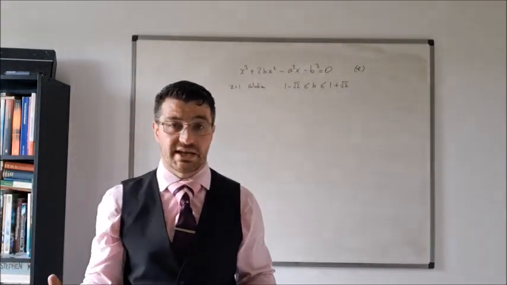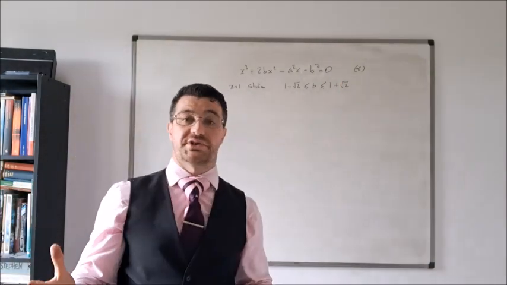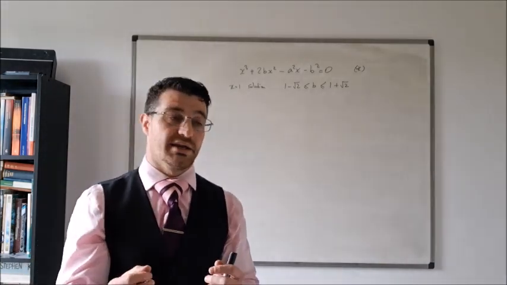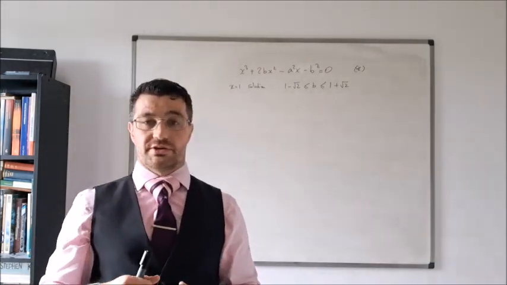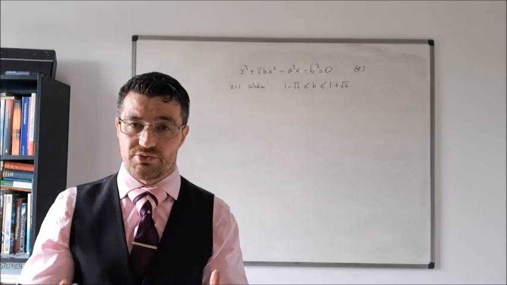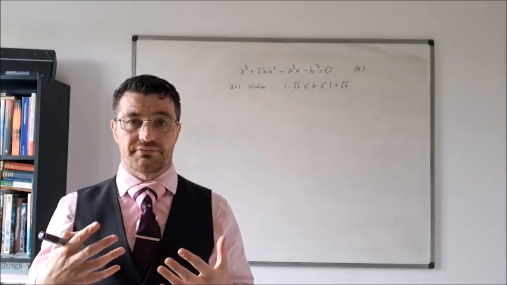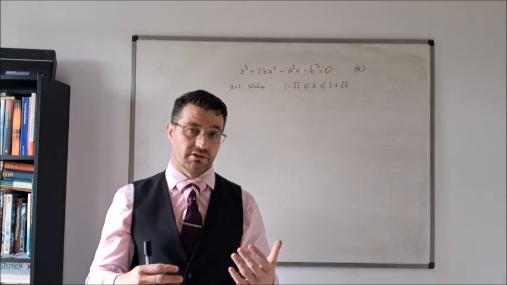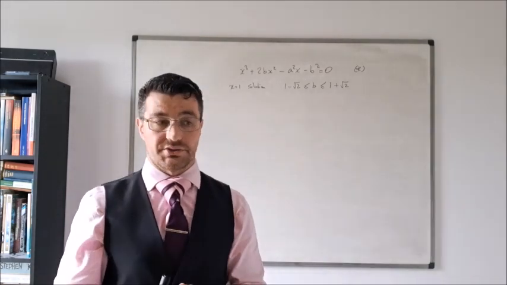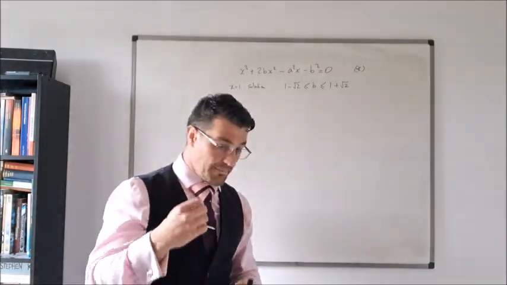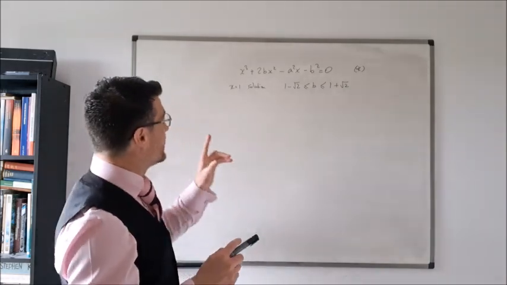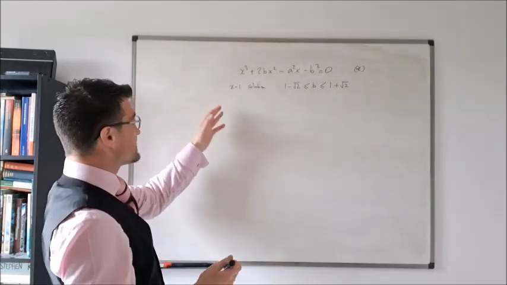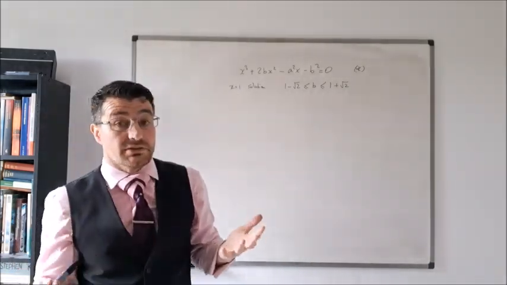Okay, so there's no indication given about how we're to go about this, and this is exactly why you've really got to make sure that you have a thorough understanding of the techniques and the concepts that you've learned about in your A-level course. Okay. So first of all, you need to know what it means for x equals 1 to be a solution.